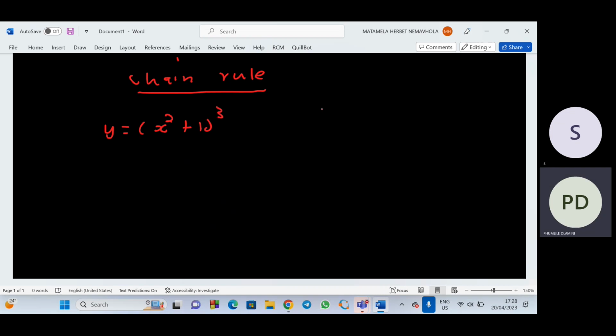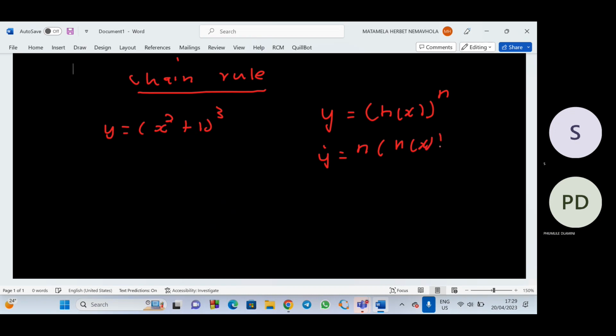The chain rule says if you have y equals a function, which I can call h of x, and this function is to the power n, then to find y prime, the differentiation, you take out the n, then bring h of x as it is to the power n minus 1, then you differentiate what is inside. What is inside is h prime of x.